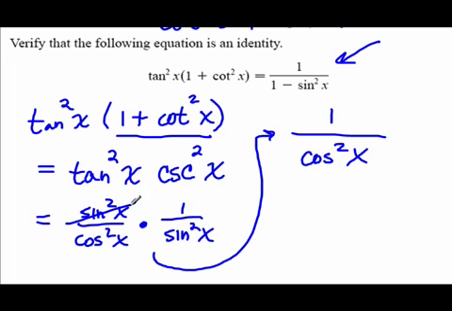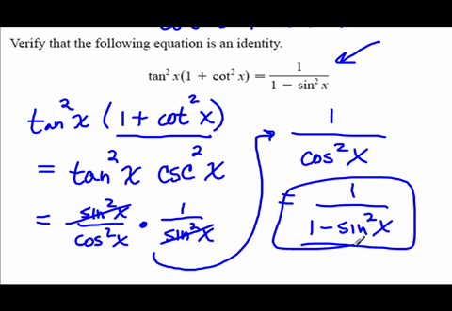Because the sine squareds would cancel each other out. And cosine squared, according to the Pythagorean identity, if sine squared plus cosine squared is 1, then cosine squared is 1 minus sine squared. Excellent. You're done. There's your other side.